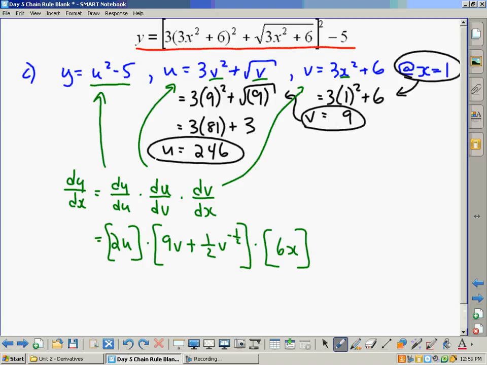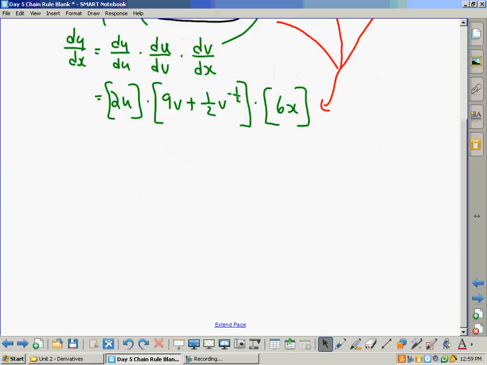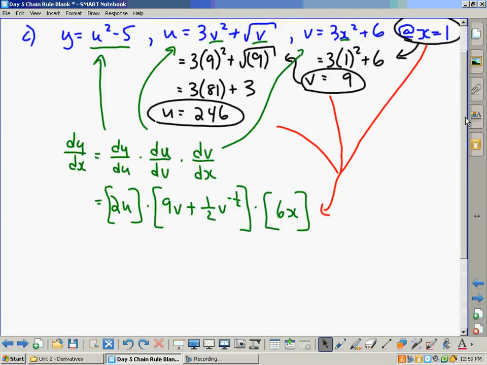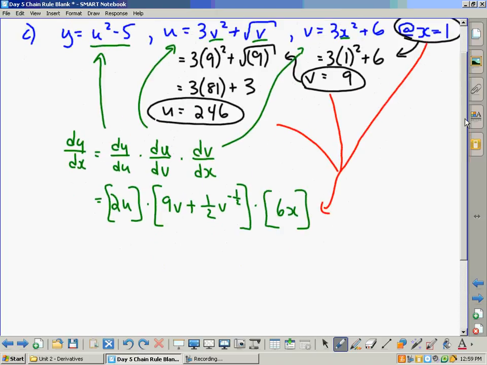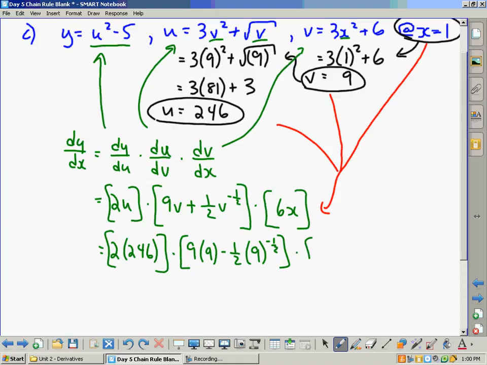And now, of course, the question asks for the derivative at a specific spot, so we know some of these values. We're going to take all these values here and sub them into this. So u we discovered was 246, v we discovered was 9, and x is 1.